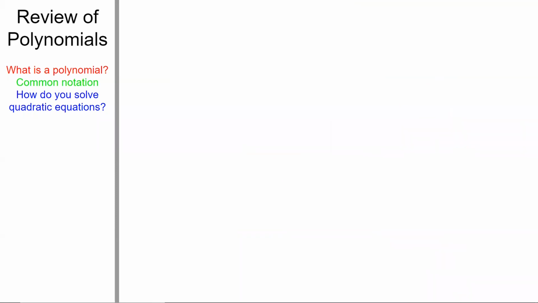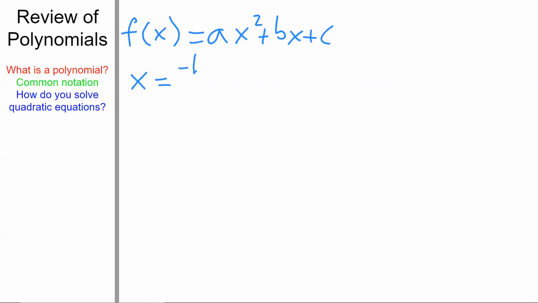So if I have an equation or a function f of x is equal to ax squared plus bx plus c, where a, b, and c can be any numbers, and x is the variable, then the roots of this quadratic are x is equal to negative b plus or minus the square root of b squared minus 4ac all over 2a.